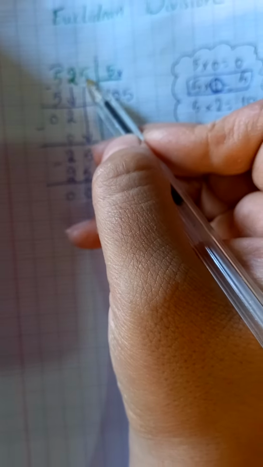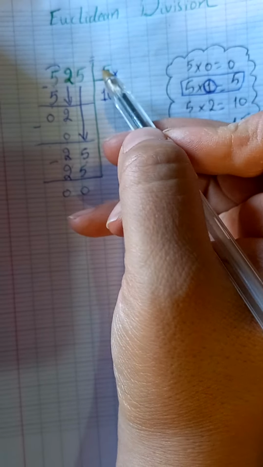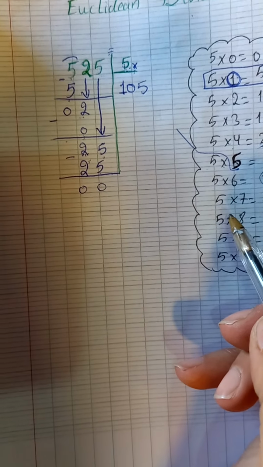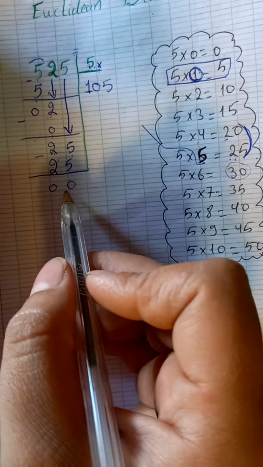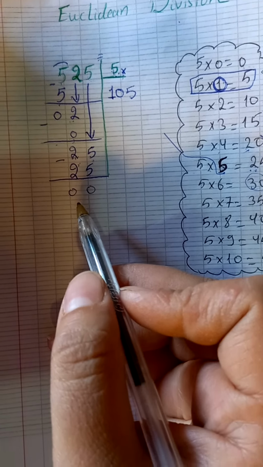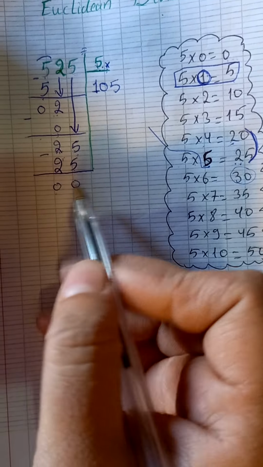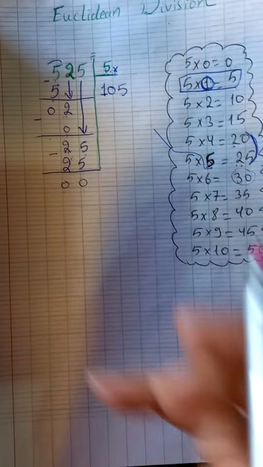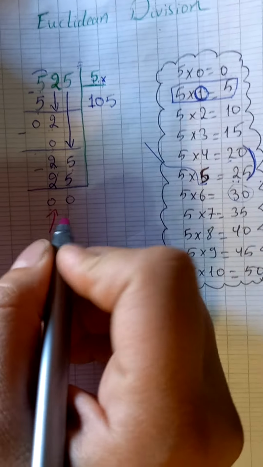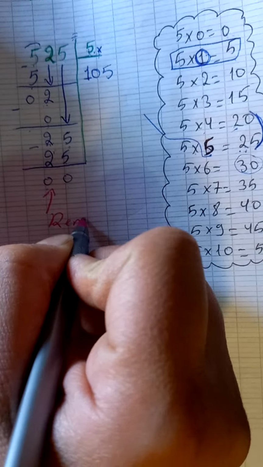We don't have any number here, any integer above in the dividend, so the division has ended. The remainder here is 0. We have no remainder, it's 0.